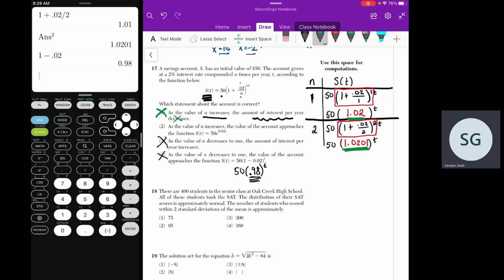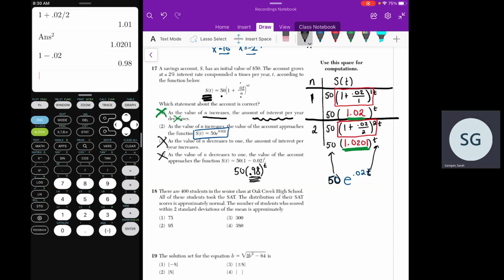Let me explain why. As the value of n increases, the value approaches this amount of money. Okay, so let's figure out what that is. In this case, 50, I'm going to leave a little bit of space, 50 e to the 0.02 t. Again, what's not changing is that 50 is still 50 from this one, and the t is still t.